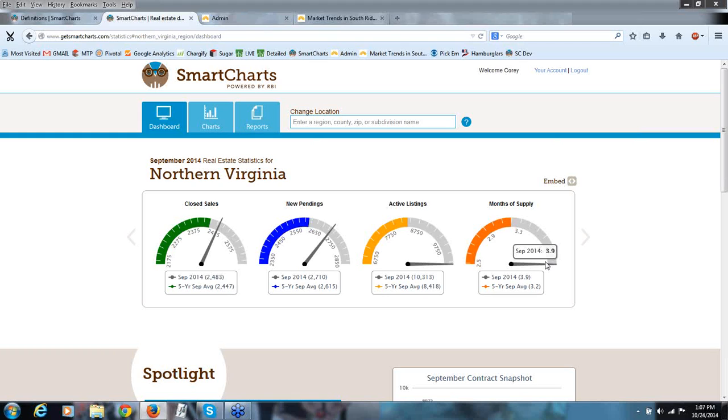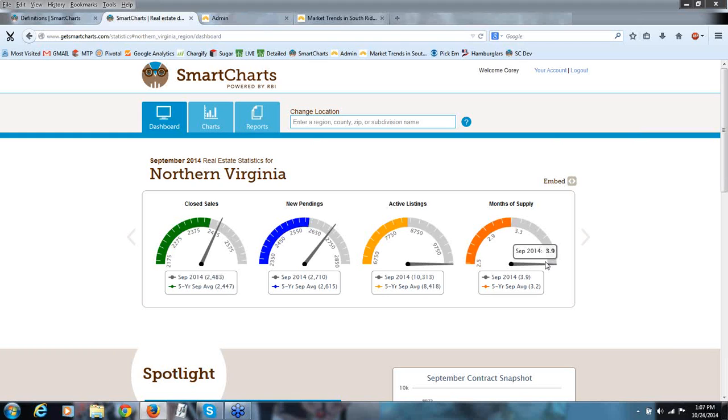And so that months of supply, which I'll get into again when we look at the charts, is a very important metric to keep in mind when you're evaluating a certain zip code you might want to target for farming. If there's an option of 5 or 6 zip codes or subdivisions near you, and one has 9 months of supply, this doesn't tend to happen, to have that much diversity within a local area of supply and demand.